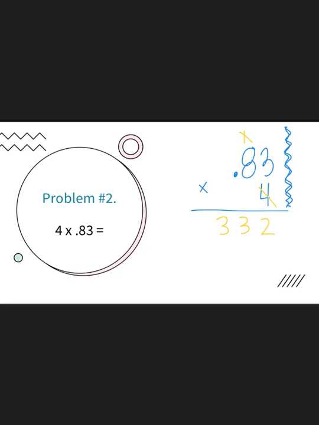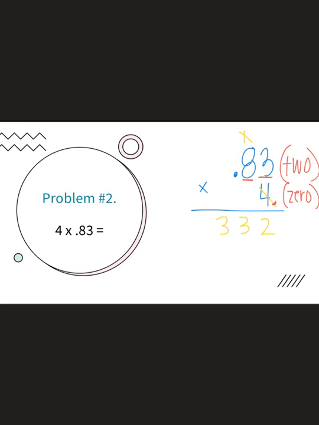Now, for my final answer, I have to remember to bring my decimal. So in my first number, 0.83, I have 2 numbers after the decimal point, so I'm going to put the number 2. And then for my next number, 4, we know our decimal in a whole number is at the very end, so that means I have no numbers after that decimal point, so that's just 0.